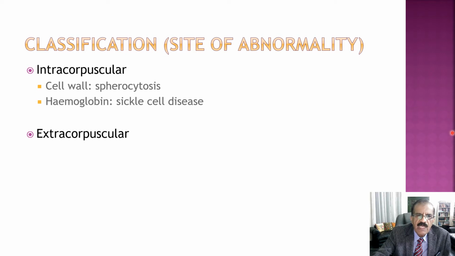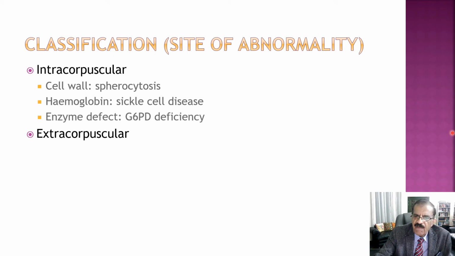Then there could be a quantitative defect in the beta or alpha chain that would result in thalassemias, beta thalassemia or alpha thalassemia. They are covered in a separate lecture, but they can be considered in hemolytic anemias also because there is a component of hemolysis in thalassemias.